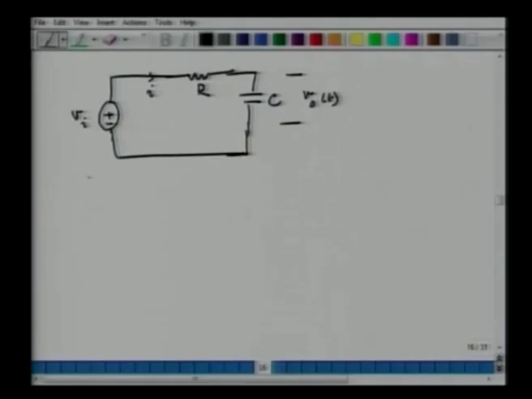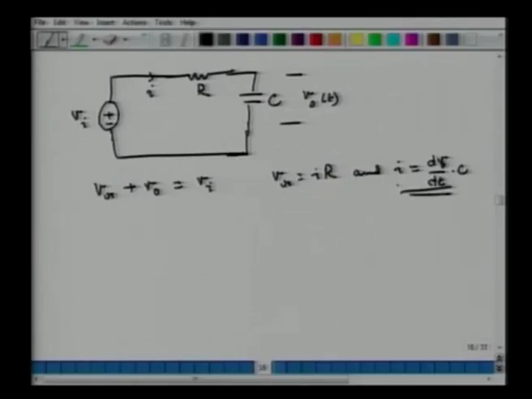We know that VR plus V naught equals Vi from Kirchhoff's voltage law, and we also know that VR equals IR, and that I equals dV naught over dt times the capacitance. So current and voltage across the capacitor are related by this.